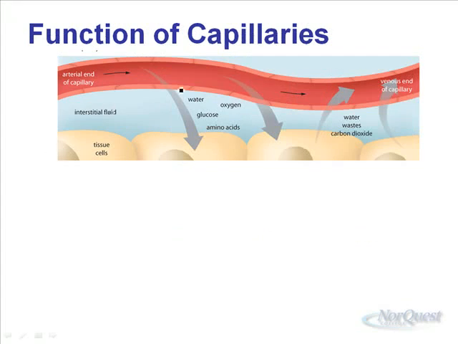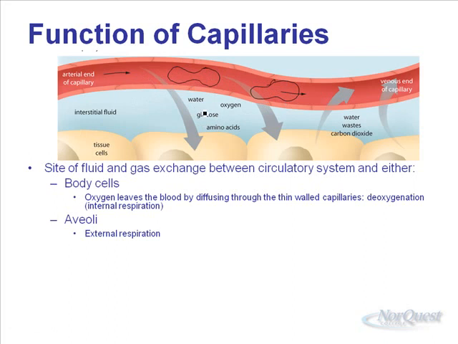So this shows a function of a capillary again. If we were to draw those single file red blood cells, my red blood cell doesn't look as good as the one on the last page, but it's still a red blood cell. So in these spaces are these red blood cells, single file, and what's happening is from the blood plasma, we're getting glucose and amino acids and water all being pushed out into the cells.